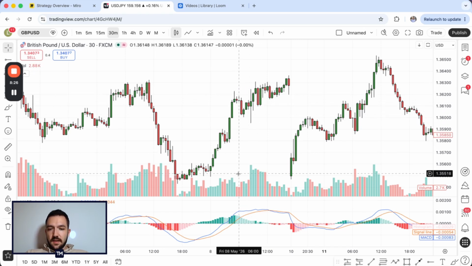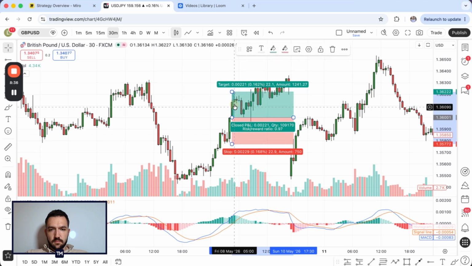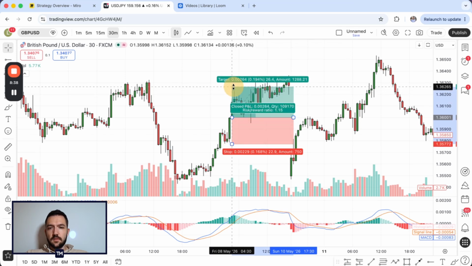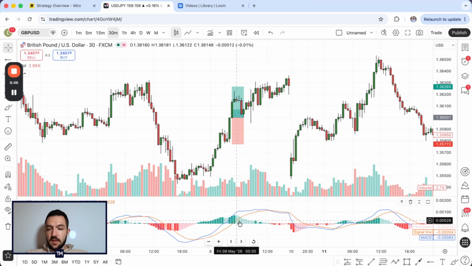As you can see, as time goes, even though the price did not drop, let's say you took a trade right here and you had your stop loss and take profit. Let's say we're not taking profit yet, but price is around here. You can see how the histogram is lowering down, and there is no more momentum coming into the market.